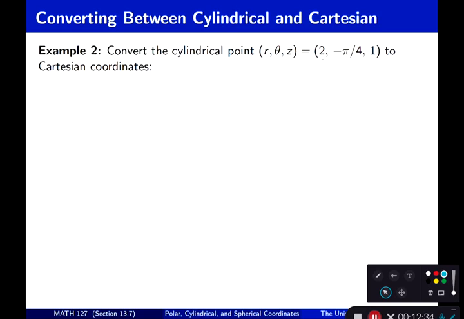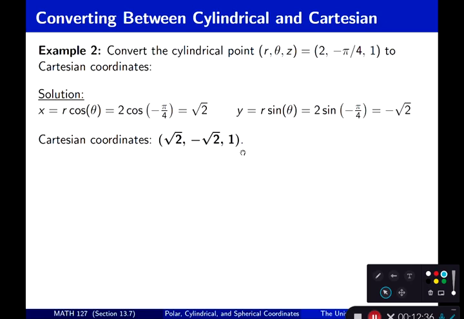To find x, you use r cosine theta, and to find y, you use r sine theta. So 2 cosine of negative pi fourth is square root of 2. 2 sine of negative pi fourth is negative square root of 2. And the Cartesian coordinates are going to be square root of 2, negative square root of 2, and 1.